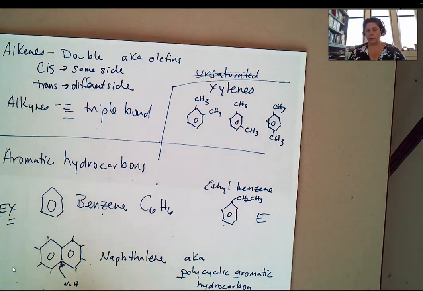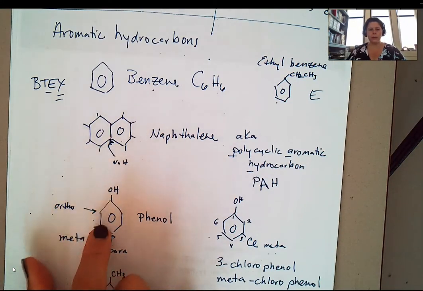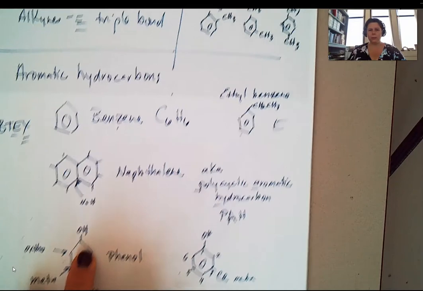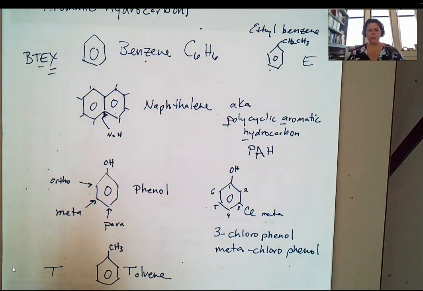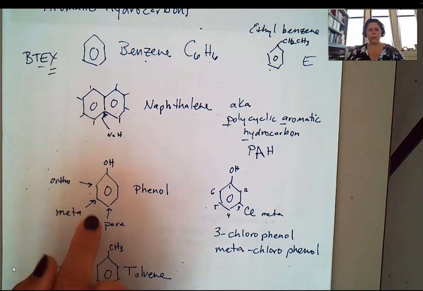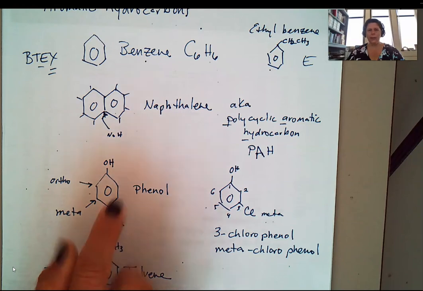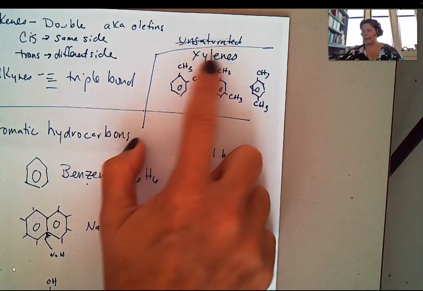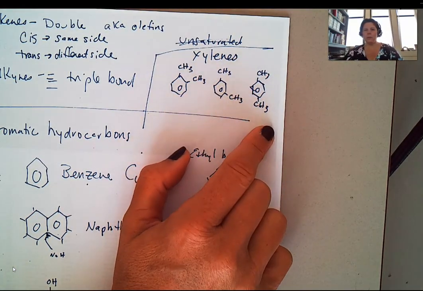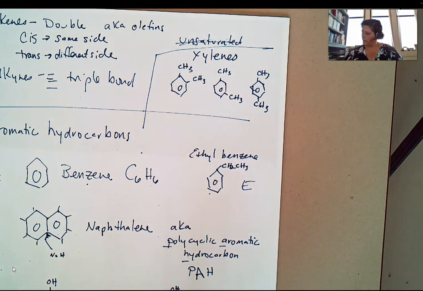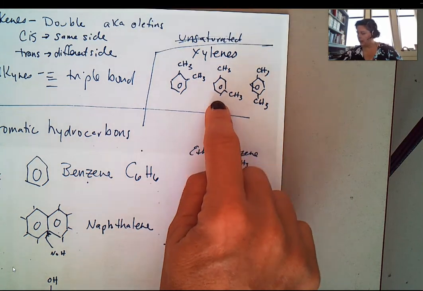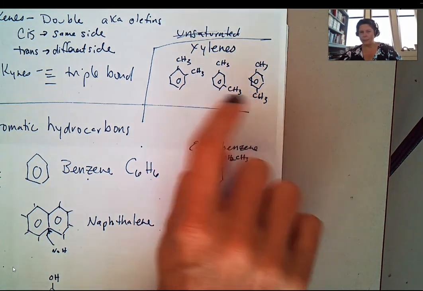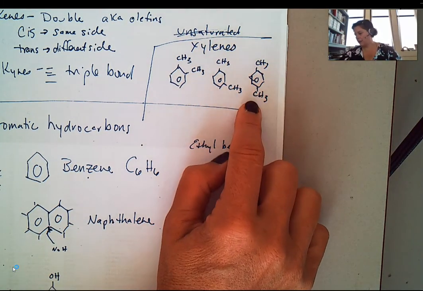So remember we talked about having a methyl group on the top position, so it becomes toluene. But if we add a second methyl group in the ortho, meta, or para position, they become xylenes, and so it's in one of these positions. So you would have orthoxylene, metaxylene, and paraxylene.